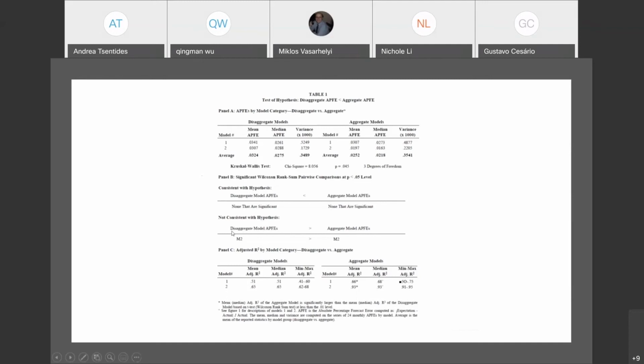We see this as well in the adjusted R squares. The aggregate models have higher expectations here, a stronger R square, especially for model 2. Questions here? Yeah, that's good.